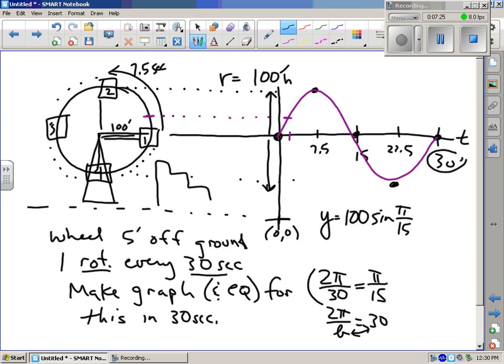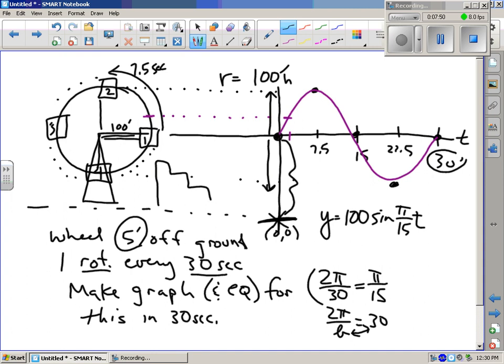And then we have to decide if it's moved up or down or left or right. Because it starts on the origin, I'd say it's not moving right or left, so we just put t for time. And remember, this was 0, 0 down here. So how far up have I moved the entire graph? Well, the radius is 100, but remember, the wheel is 5 feet off the ground.